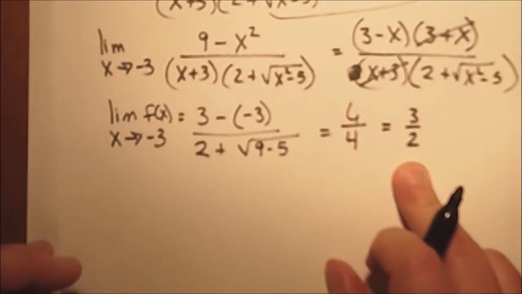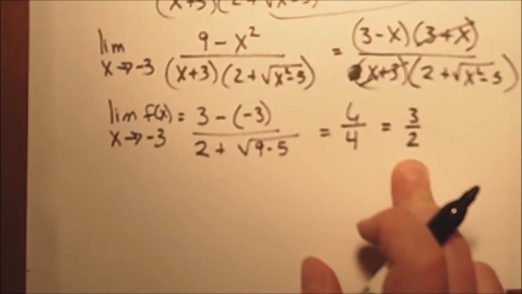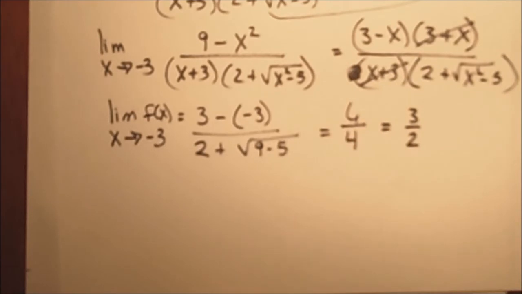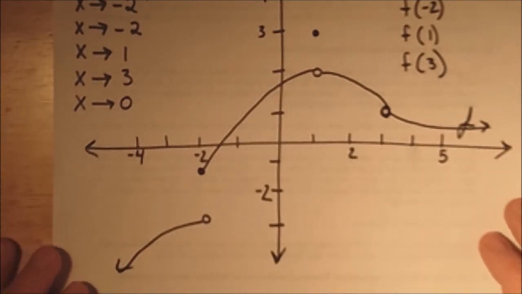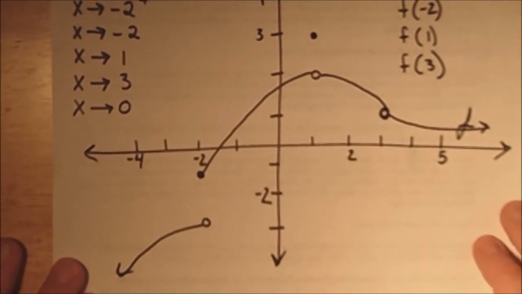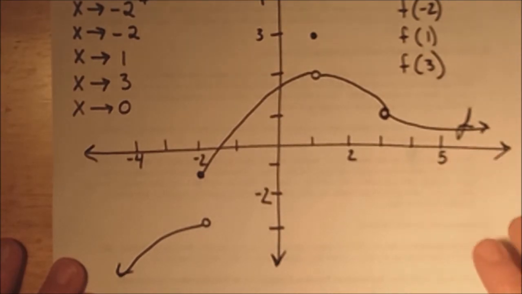3/2. Right, so before I end this segment, let's take a look at a graph. So this is working with limits algebraically. So in this segment, let's take a look at limits graphically. And here I've graphed the function f.